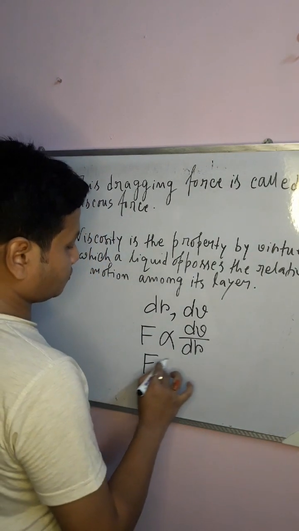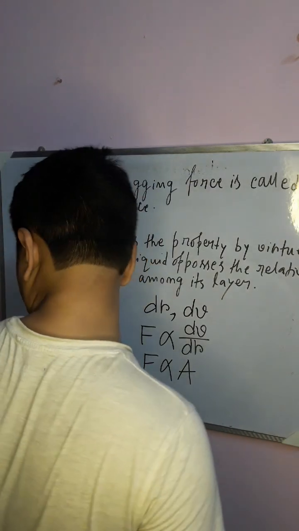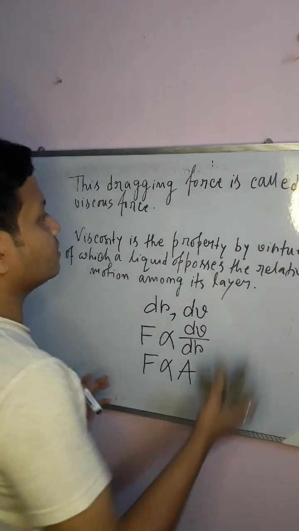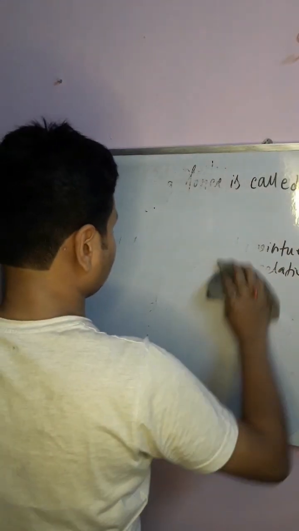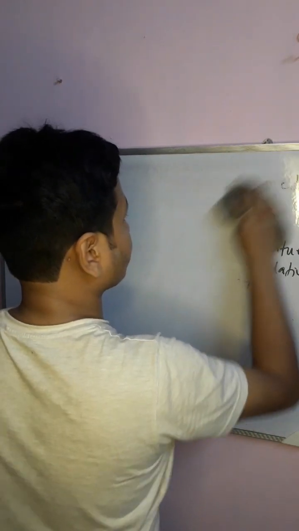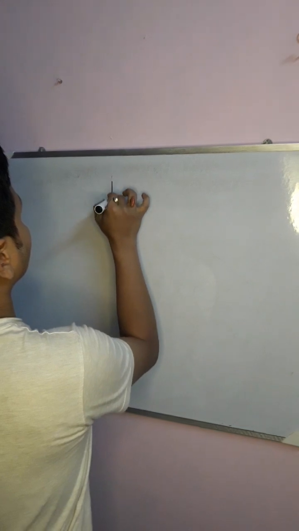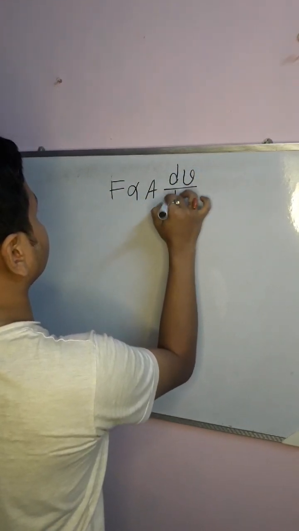Also viscous force is directly proportional to the area of the liquid layer. By combining these two, we can write F is proportional to A into dv/dr.